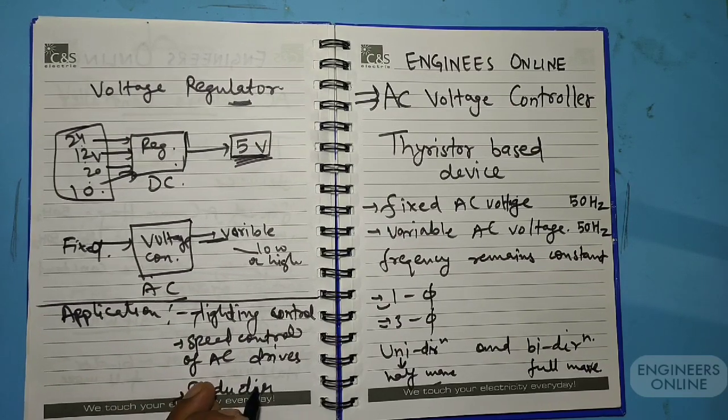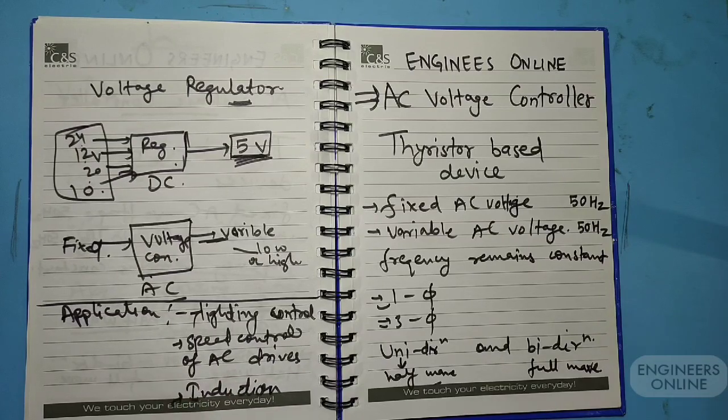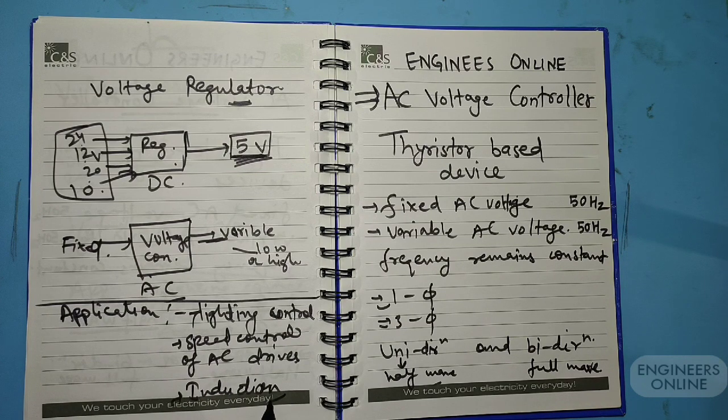Induction heating can be used in industries and for cooking at home also. So these are some examples where this controller is used.